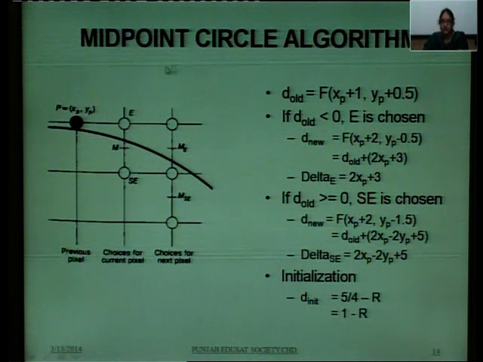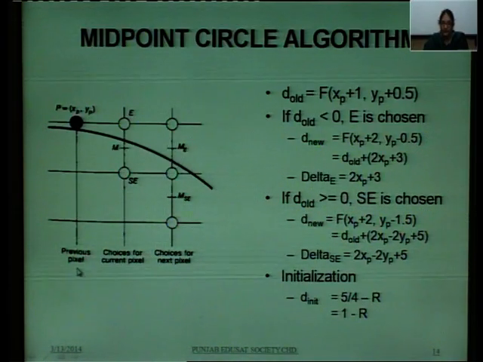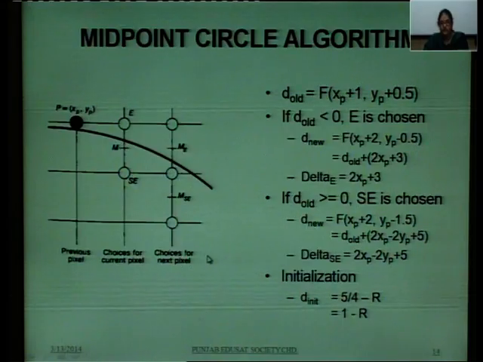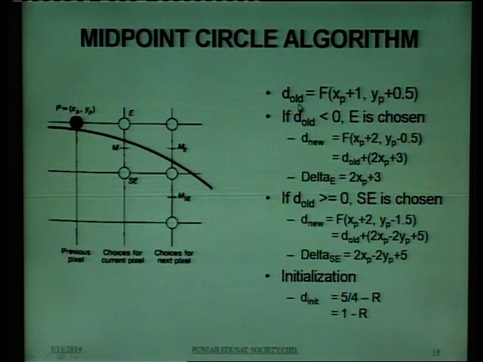Next comes the midpoint circle algorithm, which is another technique to draw circles. This is the diagram which is showing the location of the current pixel, previous pixel and the choice of the next pixel. The algorithm is as follows. You have to find d old, that is the old decision variable, equal to the function of (xp plus 1, yp plus 0.5).